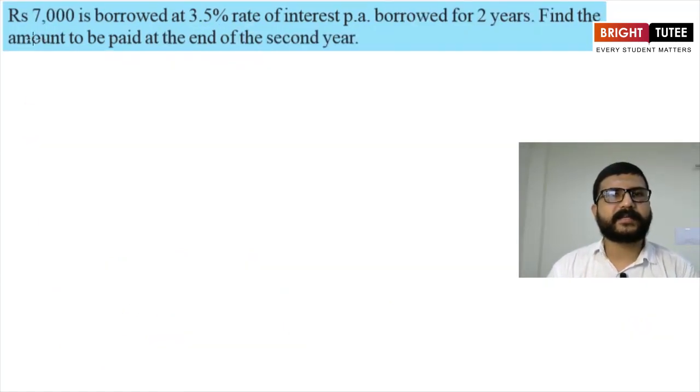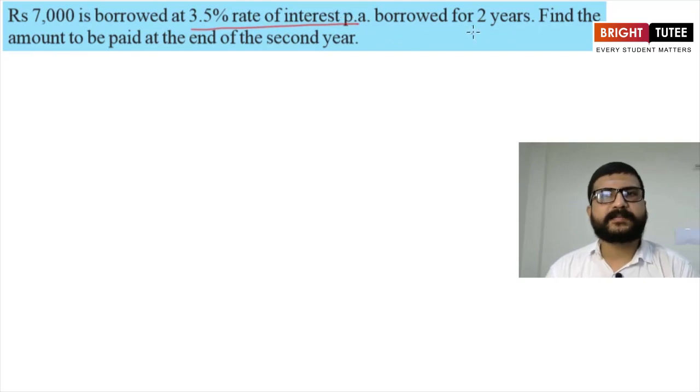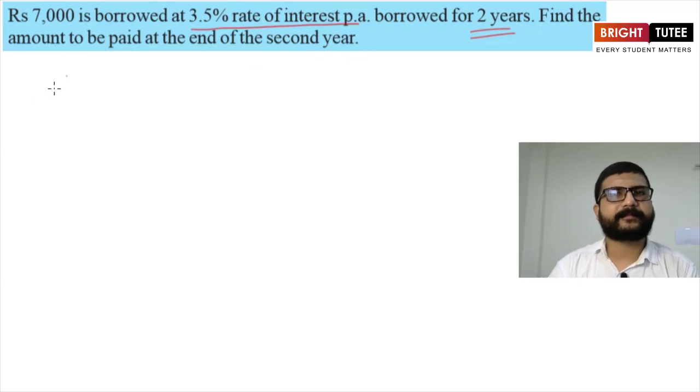Now the next question is, rupees 7,000 is borrowed at 3.5% rate of interest per annum, and it is borrowed for 2 years. Find the amount to be paid at the end of second year. So first of all we have to find the interest, and then amount will be principal plus interest.